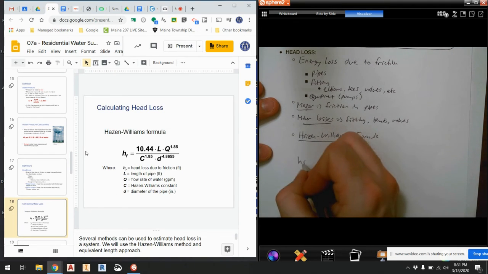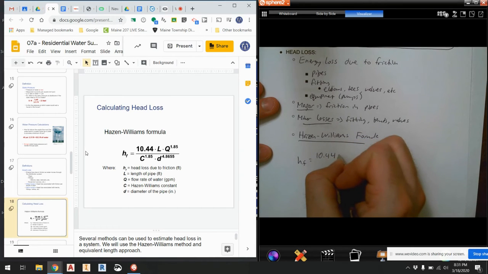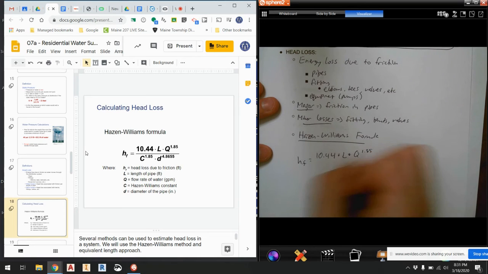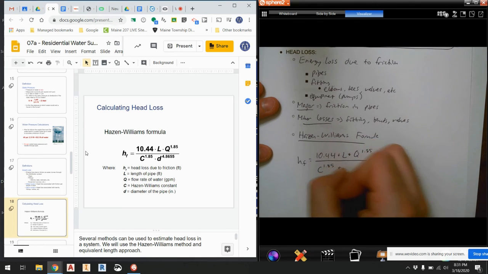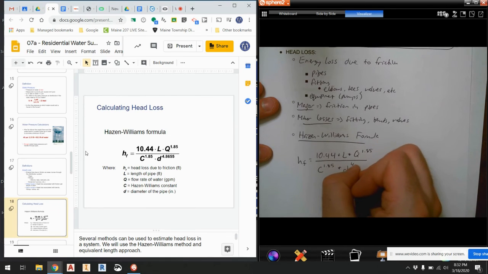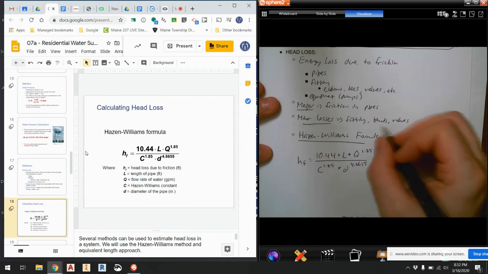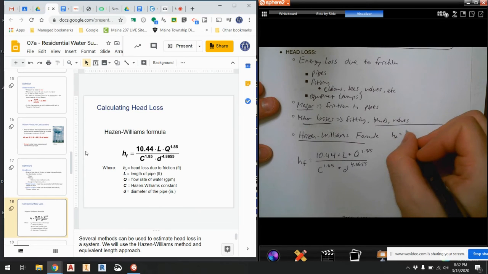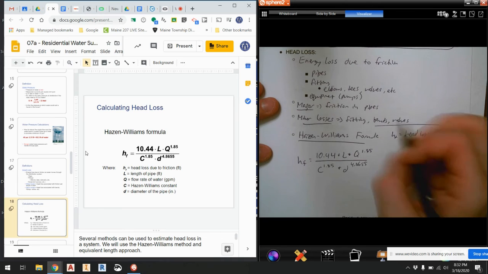So HF is equal to 10.44 times L times Q to the power of 1.85 all over C to the power of 1.85 times lowercase d to the power of 4.8655. All right, what all these things are. So H sub F, that's your head loss, meaning the amount of energy you're losing.